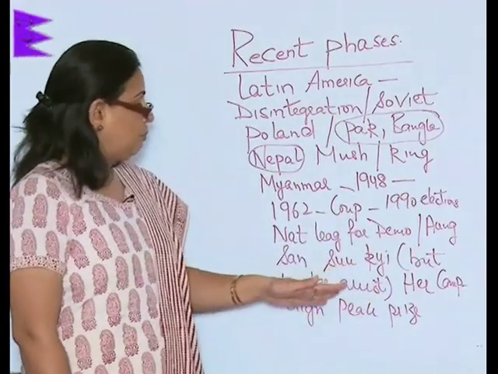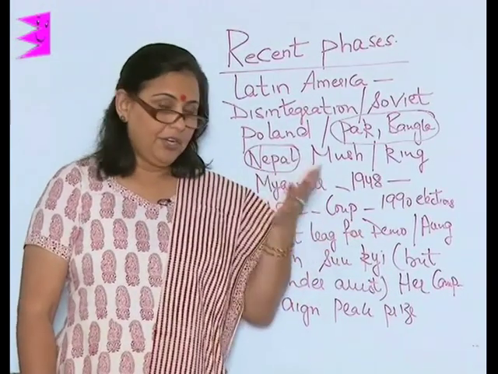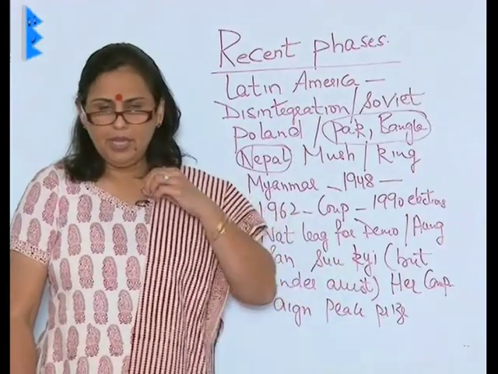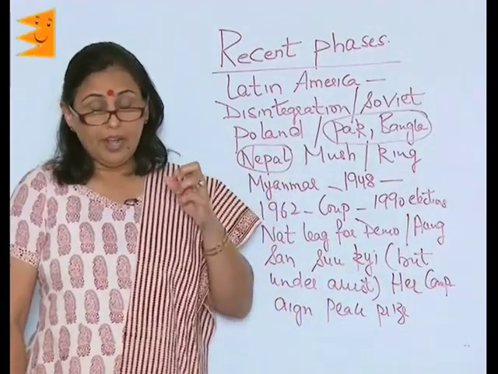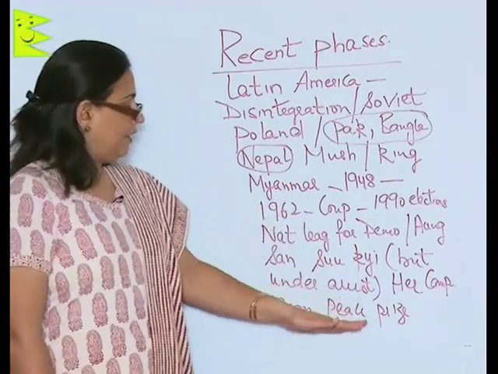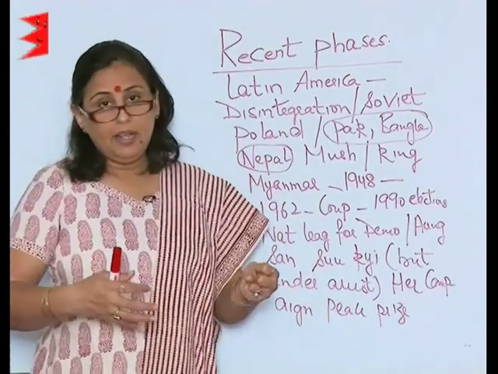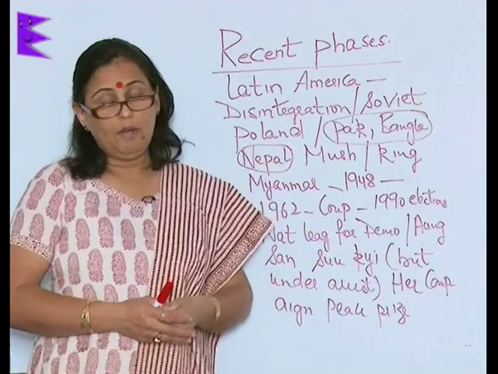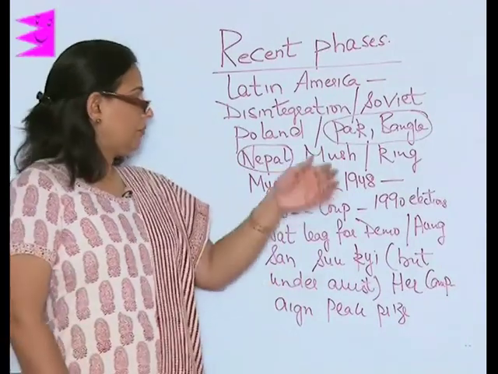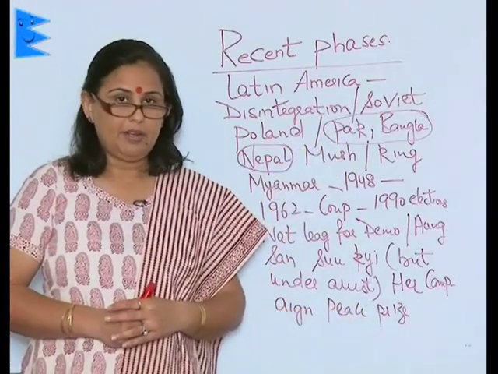She was put under house arrest, but she continued her campaign from there itself, and the people became uprooted from their homes. They had to run away here and there. There has been a struggle, a movement, looking forward to a popular government, democracy, but still democracy has not been established in Myanmar.